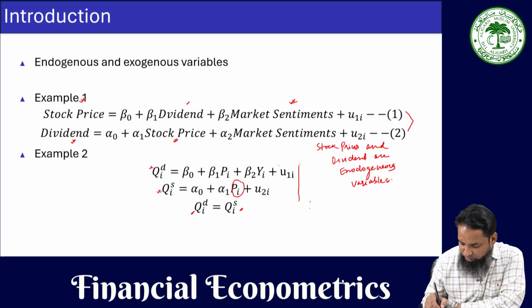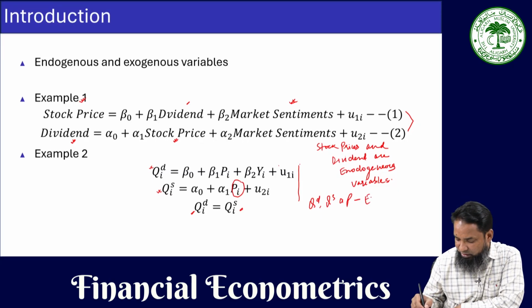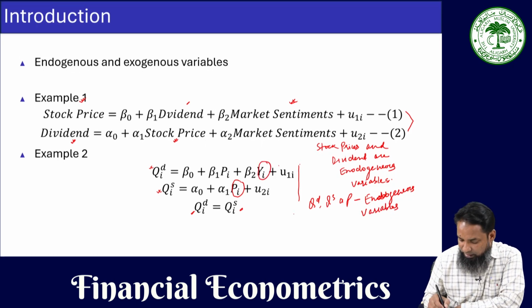That means quantity demanded, quantity supplied, and price are endogenous variables, because all three are being determined within the system. However, income is not being determined within this system, so income should be treated as an exogenous variable.